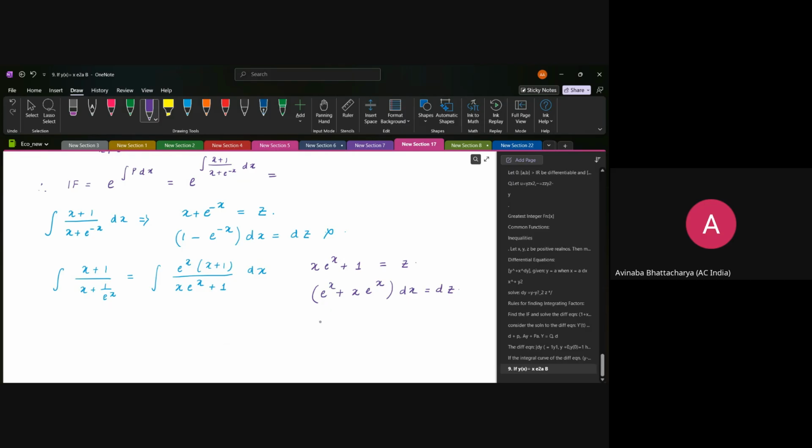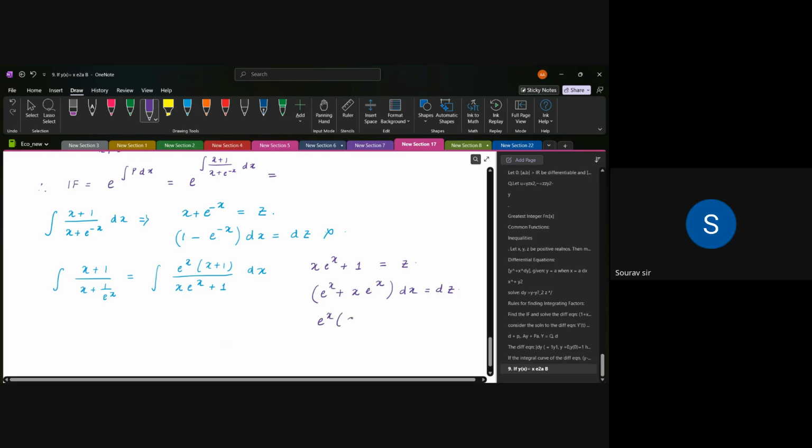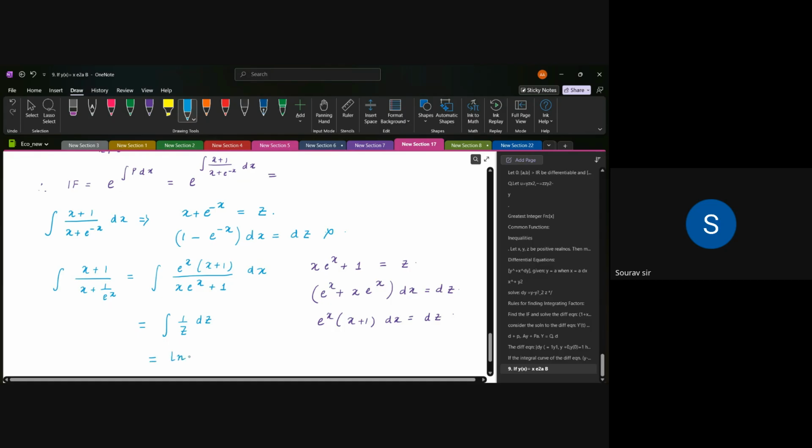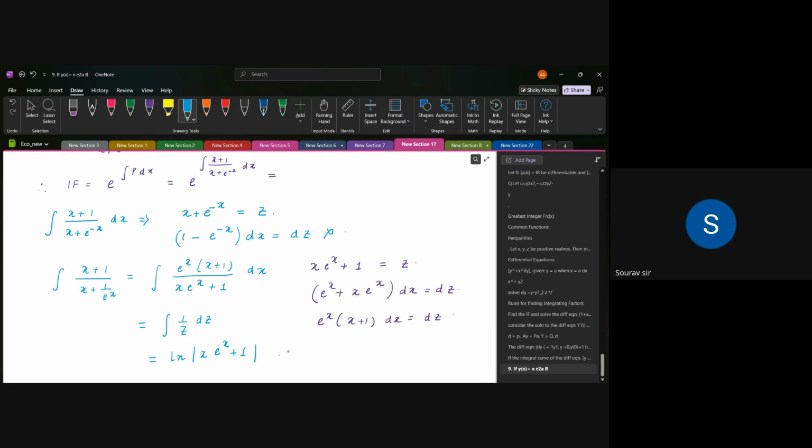So e to the power x into (x + 1) dx will be your dz. So the integration will be simply 1 by z dz, right? So that is log mod of (x into e to the power x plus 1), right?